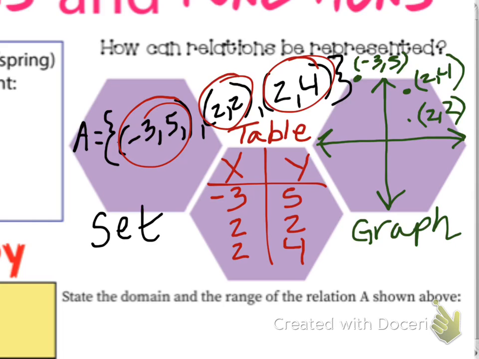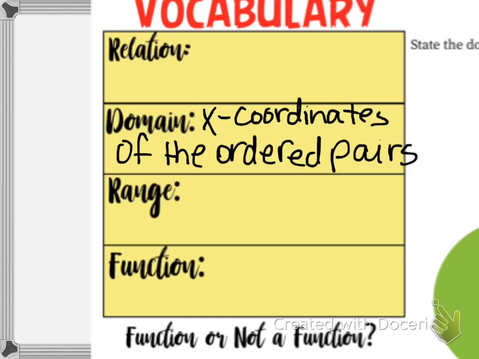So in a relation, no matter how I illustrate it, whether by using a table or a graph or just listing it as a set, the first coordinate from every ordered pair, your x coordinates, like here, and there, and there, those are all going to be part of the domain.